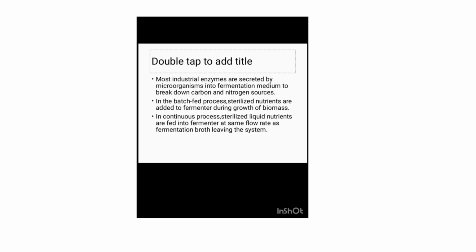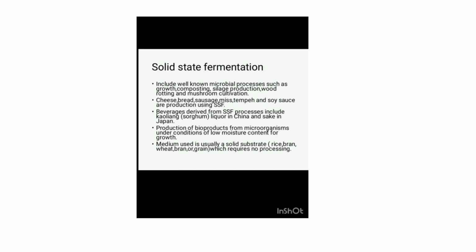Now, we have to discuss the types of fermentation. There are three types of fermentation: submerged fermentation, solid state fermentation, and continuous fermentation. Submerged fermentation is where we use a dissolved substrate suspended in large amounts of water or media.